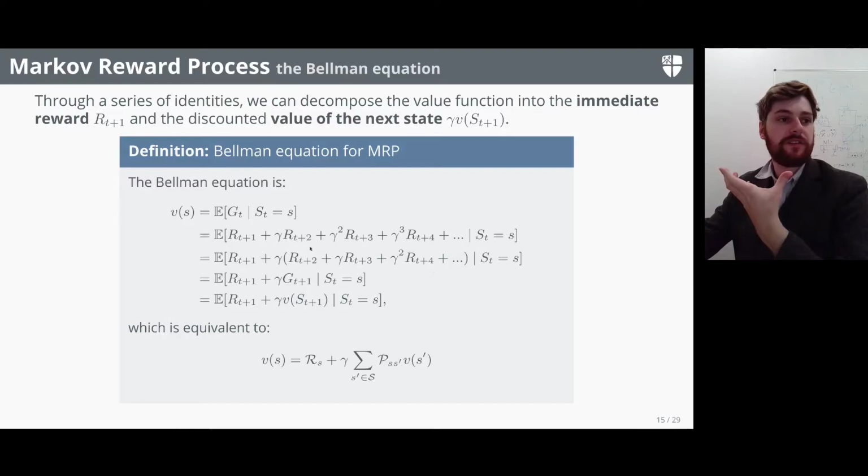So all of this part here is just the same thing as saying it's the return at the next time step. And that brings us on to the final part of the Bellman equation, but it's really just saying it's the immediate reward plus the discounted return at the next state, which is the same as saying it's the immediate reward plus the value function at the next state.